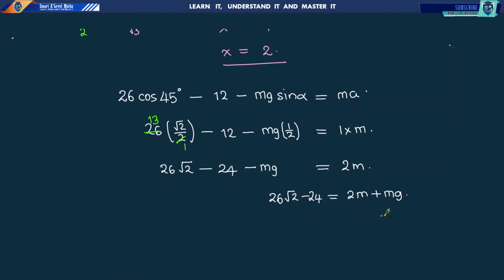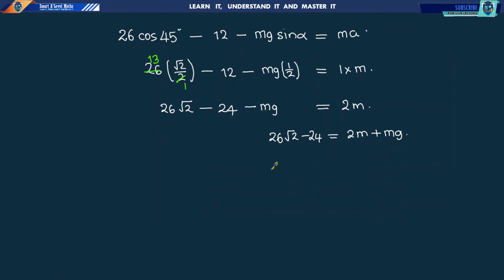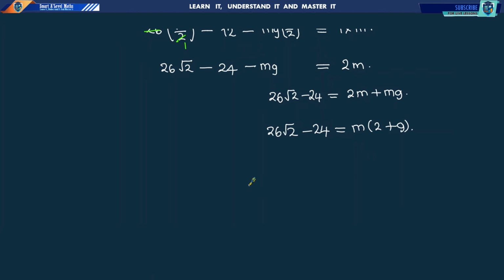And we're going to factor out m, and we still have 26 root 2 minus 24, and I will have my m out. Then here we're going to have 2 plus g. Since I'm interested in getting m, then I'm going to divide this by 2 plus g. So let me bring it to the left hand side before dividing, and we have 2 plus g equals 26 root 2 minus 24.